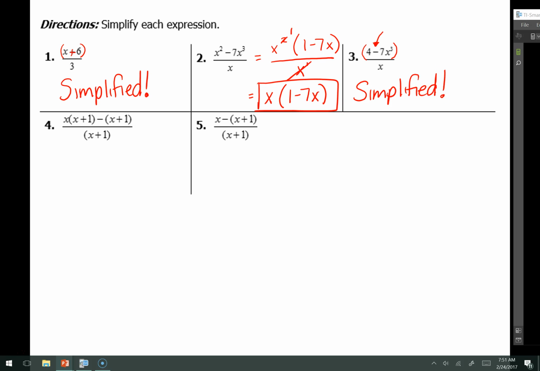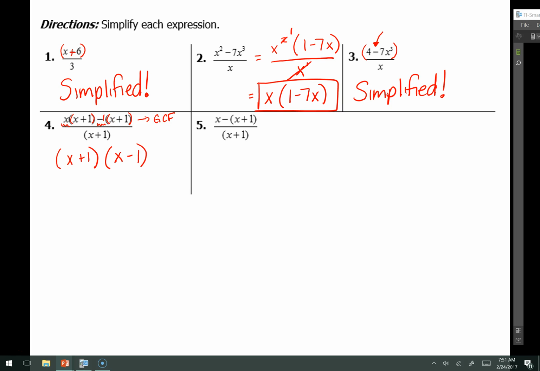Okay, so let's look at this next one. The top has a whole lot going on in it, doesn't it? I see that there's an x plus 1 minus another x plus 1, and you've got this x out here, so we can take that out as a GCF. So if we factor it out as a GCF, we're pulling out the x plus 1, and the leftovers are x minus, and then there's a 1 there.